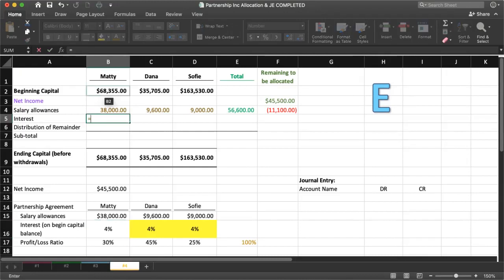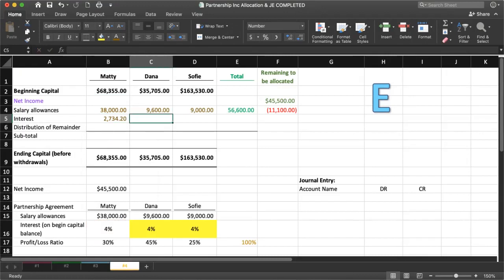So the beginning capital multiplied by 4%, and I think I want to round this to the nearest penny. Okay, so I'm just saying take beginning capital, multiply it by the interest rate of 4%, and then round it to the nearest penny or to 2 decimal places.